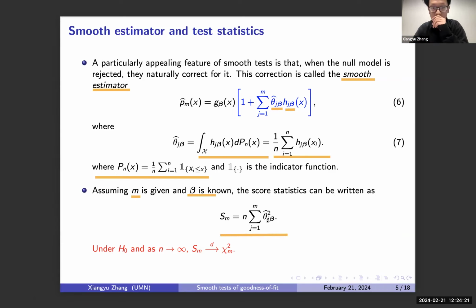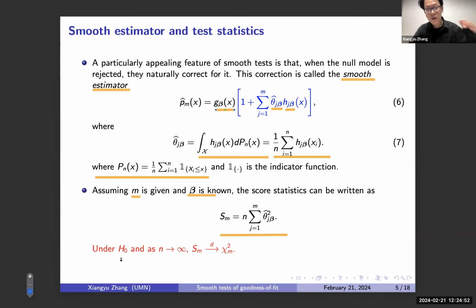The intuition is that if the magnitude of theta hat gets larger and larger, your null model J beta X will be more and more different from your smooth model, so you are prone to reject the null hypothesis. So when S_M is larger and larger, you are prone to reject. That's the intuition of this test statistic.